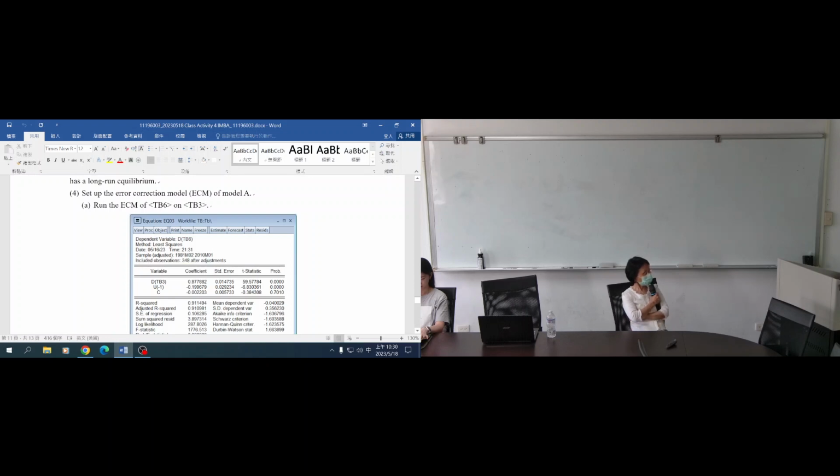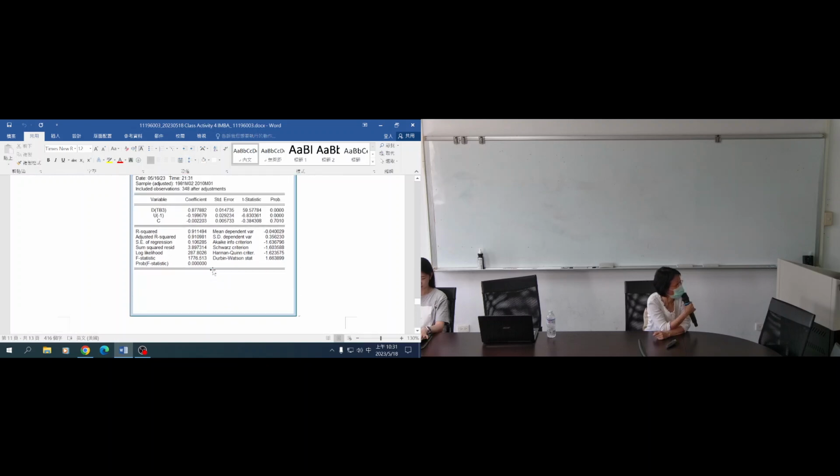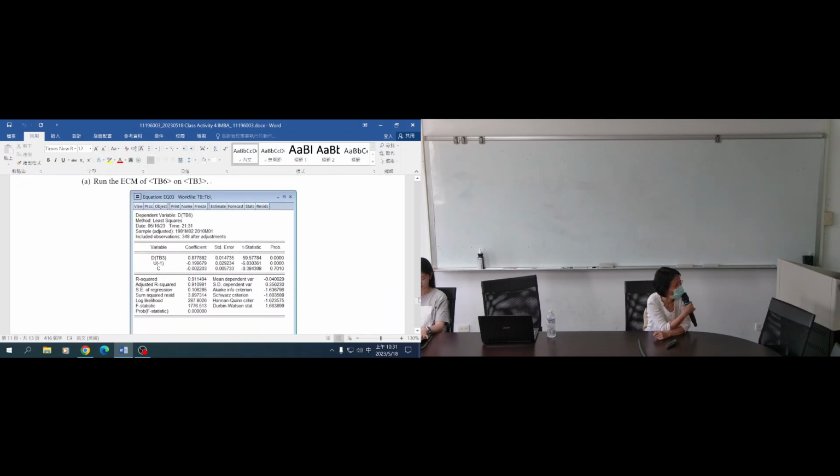Here's the ECM. So basically, I run an ECM on TB6 and TB3 and U minus 1, and the coefficient here is 0.87, and this is the coefficient of the residual. So this is the short run, right? Where's the long run? Oh, the long run is on the top.